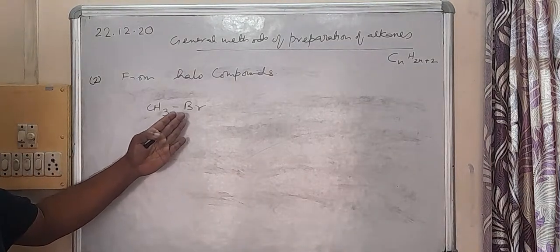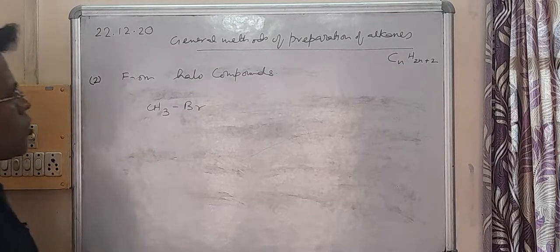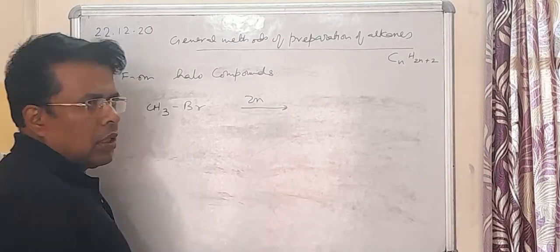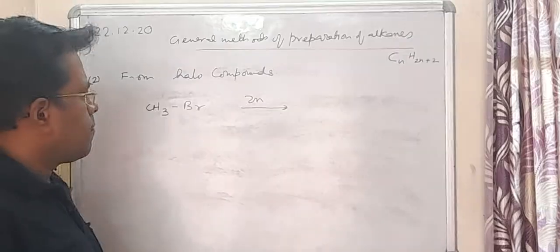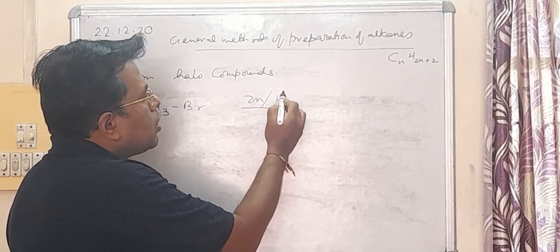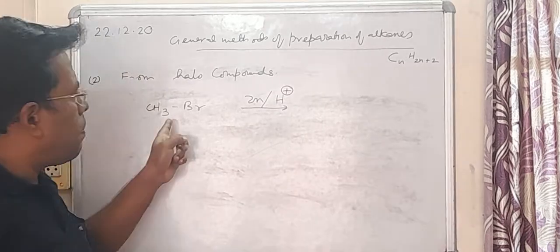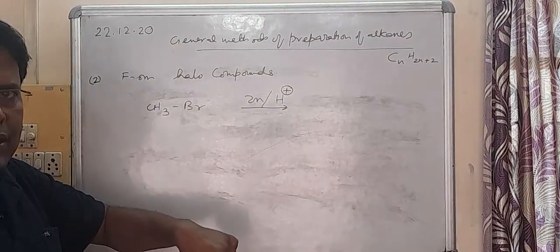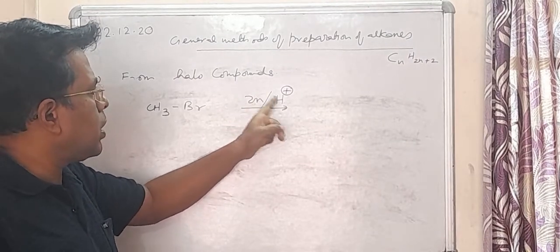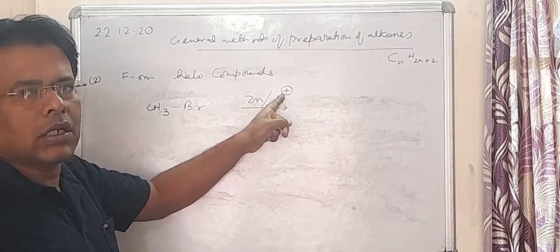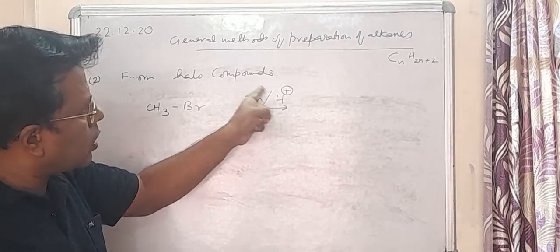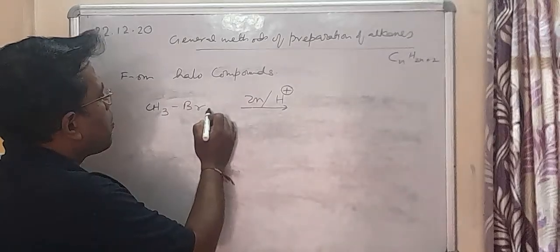This name we can call it as bromomethane. So when halo compound is treated with zinc and acid, that we write like this way. This is the style we write in organic reaction. Zinc reacts with acid to give hydrogen gas. So that hydrogen gas that will be produced, that I am writing it here.